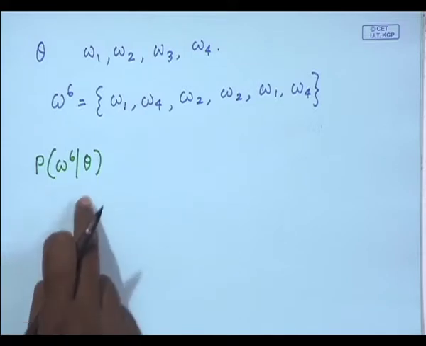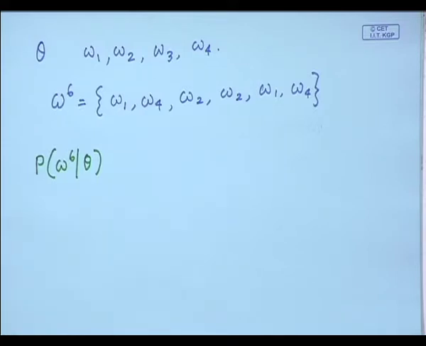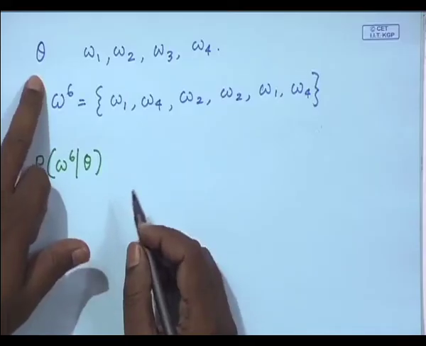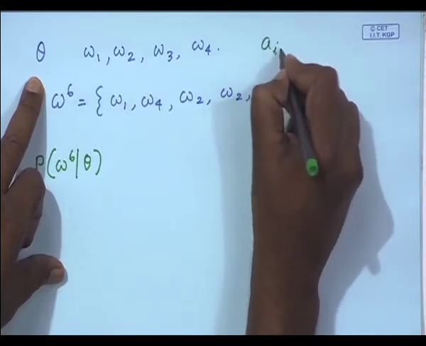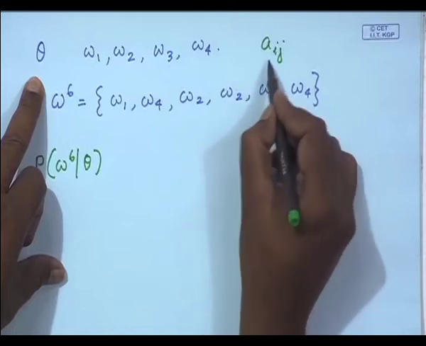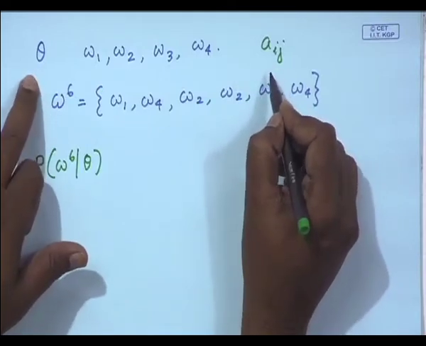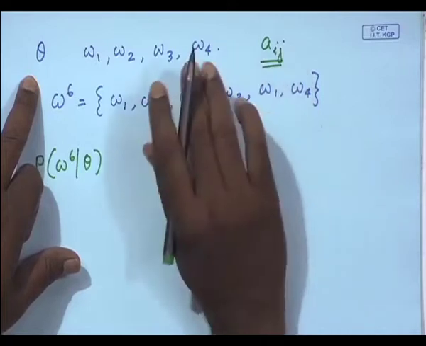When I have this hidden Markov model theta, that means I have the states, and I also have the complete table of probability of state transition. That is, I have all the a_ij's for all values of i and j. That is what specifies a hidden Markov model.